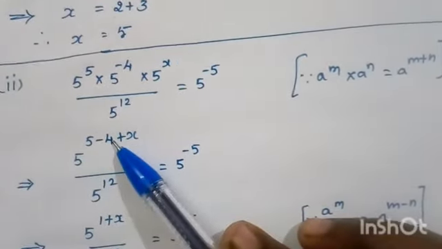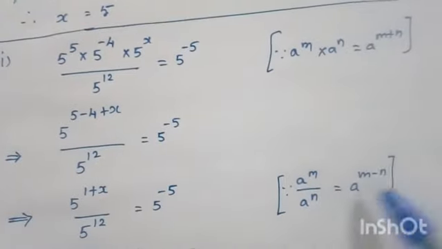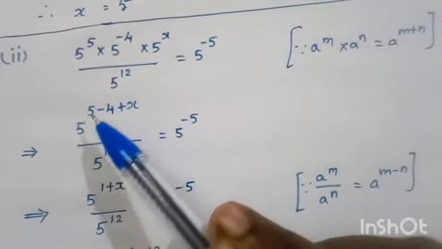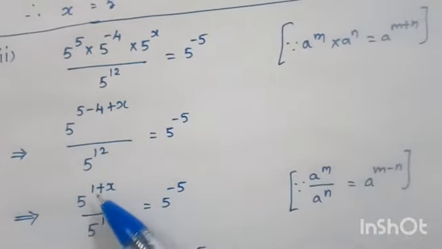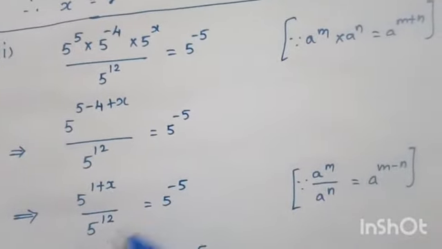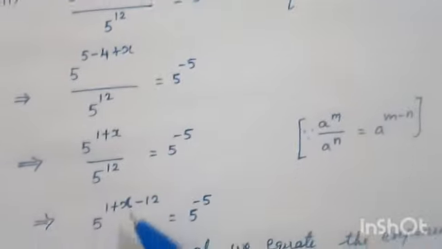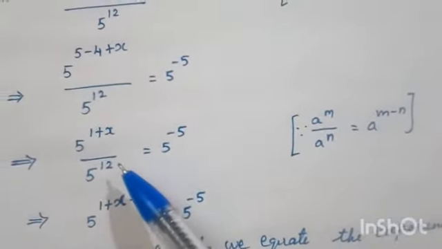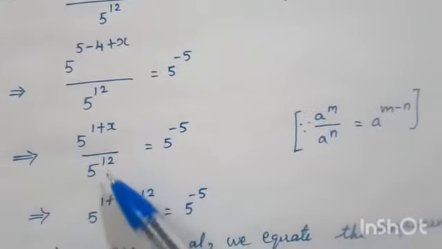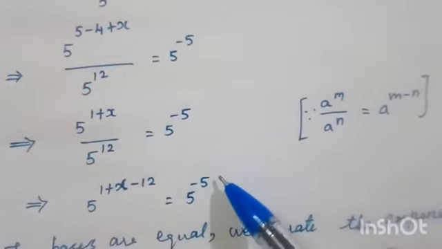It is in the form a power m by a power n, a power m minus n. So first you have to simplify this. 5 minus 4 is 1 plus x by 5 power 12 equal to 5 power minus 5. Now you have to apply this rule, a power m minus n. So 1 plus x minus 12 equal to 5 power minus 5.